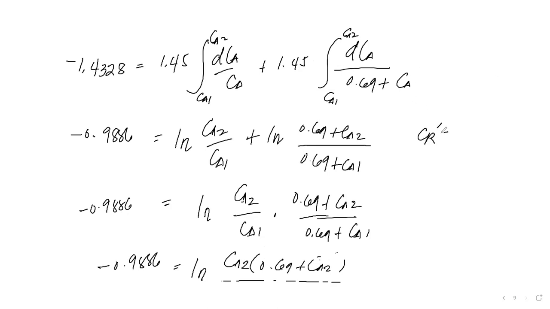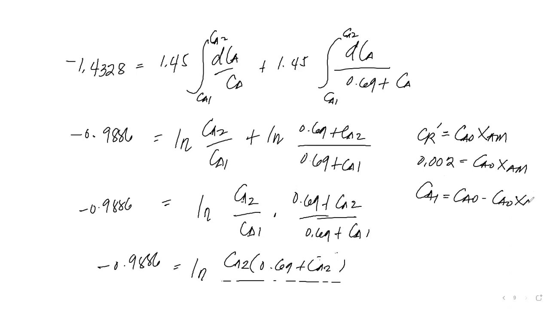Ca prime in the backmix reactor or in the MFR also refers to Ca. The Ca prime is also equal to CaOXAm. This is 0.002. That's your CaOXAm. Now your Ca1 will be your CaO minus your CaOXAm.